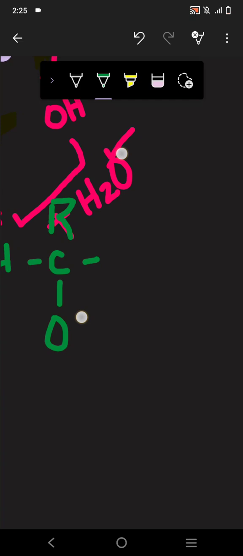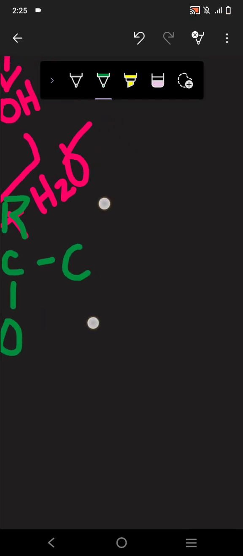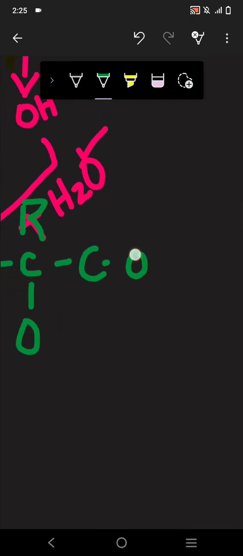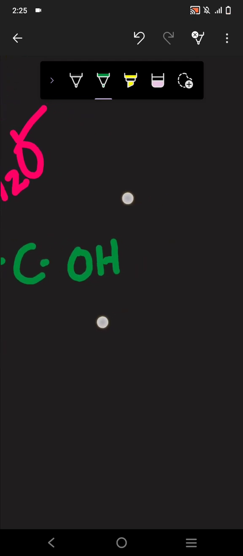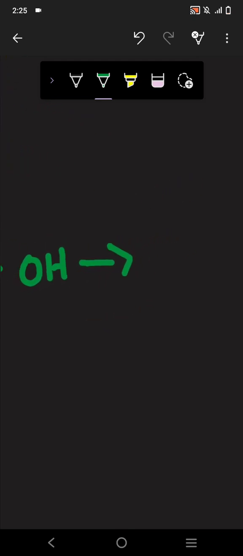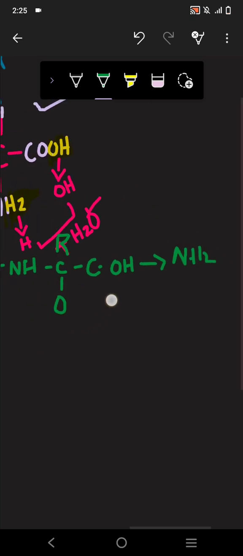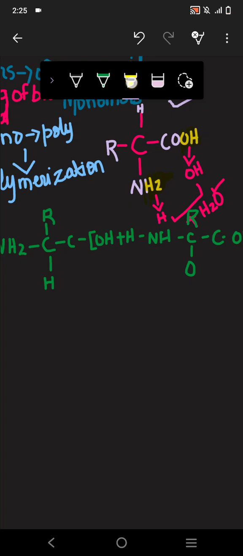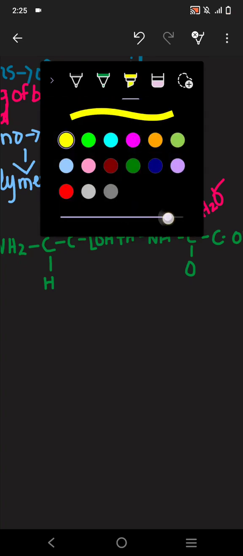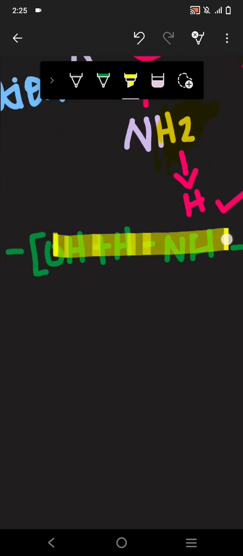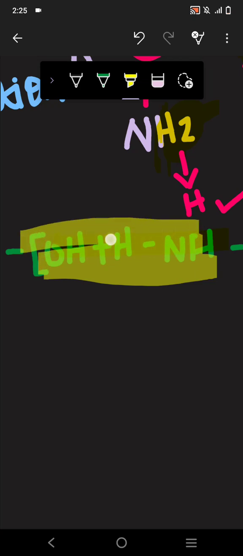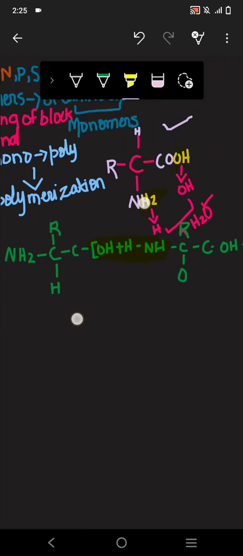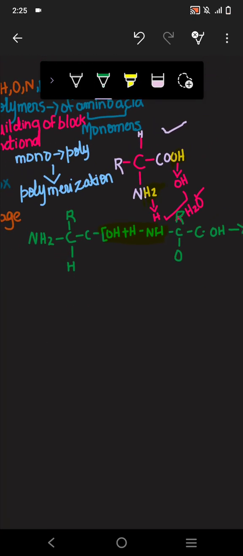Then again C, then C will be linking to OH. Then it will be NH2 and so on. So here at this point, guys, this linkage is being attached, as I told you.